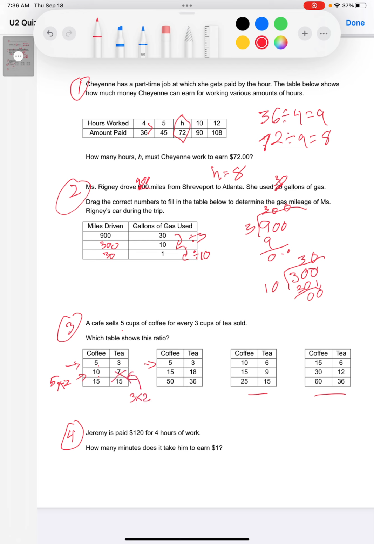So that one's wrong. For this one, 5 times 3 is 15. 3 times 3 is 9, which is not 18. So that one's wrong.